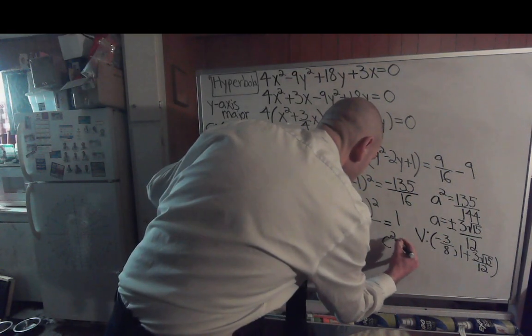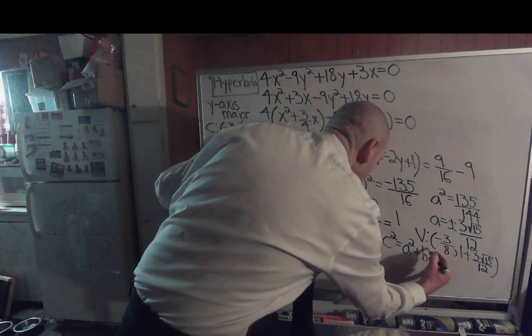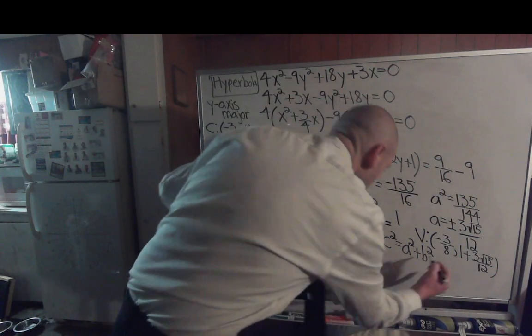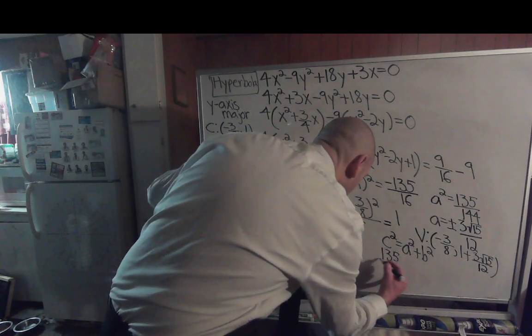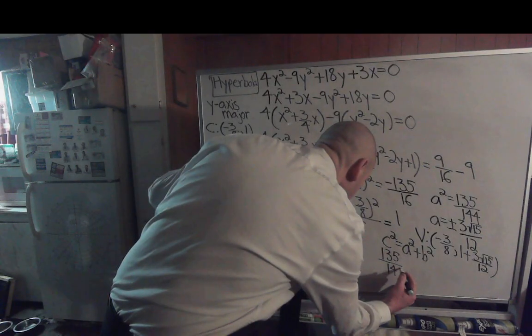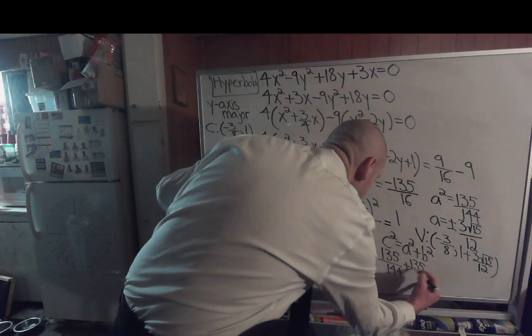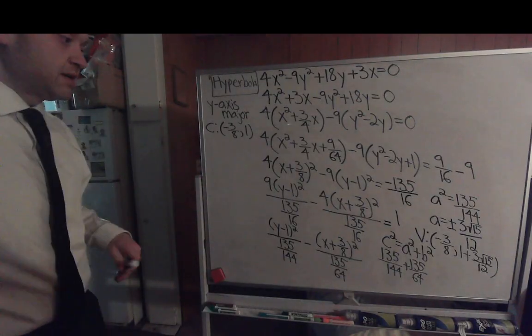So c squared equals a squared plus b squared. So that's going to give you 135/144 plus 135/64. This, I fear, is really going to become messy.